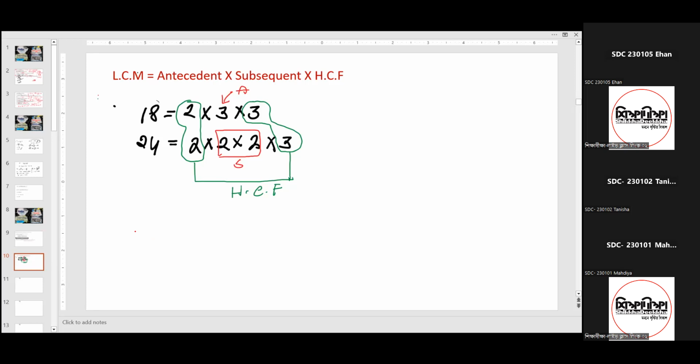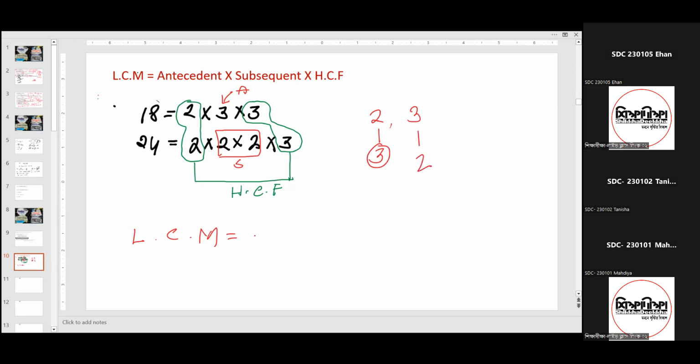Now, let's see how we are going to pick the LCM. What do we pick for LCM? We pick the factors that are highest. We have two different kinds of prime factors, 2 and 3, and there are three 2s in 24 and two 3s in 18. So the maximum number of 2s is 3, and the maximum of 3s is 2.